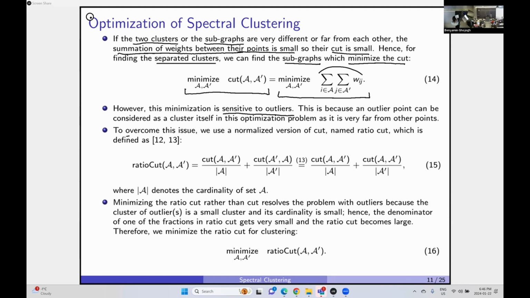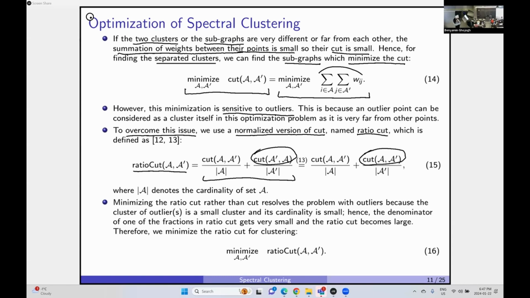To overcome this issue, we use a normalized version of the cut named ratio cut, which is defined as this. Ratio cut between A and A prime has the cardinality of set A and the cardinality of set A prime, the number of points in A and in A prime. And according to equation 13, I can write this as this. I changed the order.